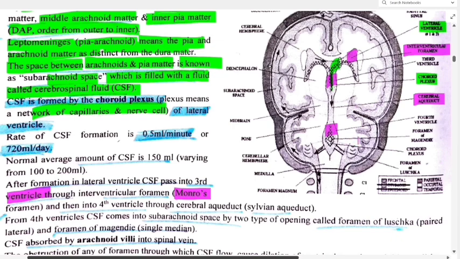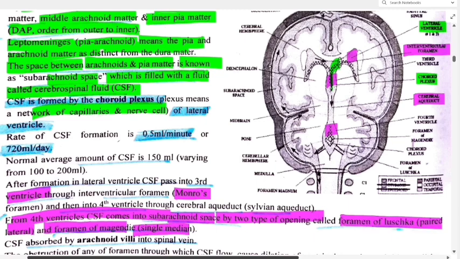Now next point. See, now from fourth ventricle CSF comes into subarachnoid space by two type of opening called foramen of Luschka and foramen of Magendie. Can you see?